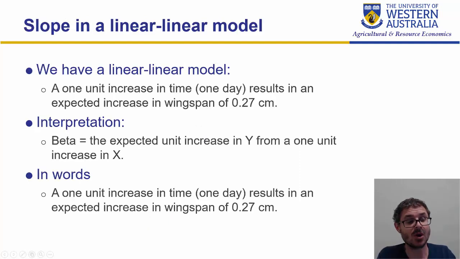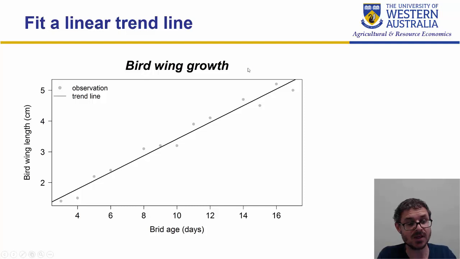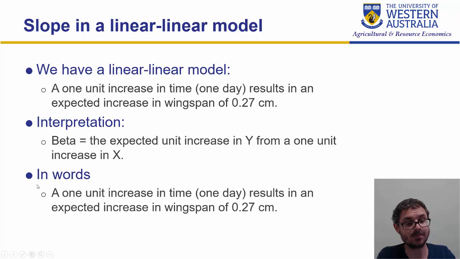So if we look at the slope of this line, we have a linear model. We didn't transform anything in the data, so we've got untransformed data. The slope of the line we find is 0.27.